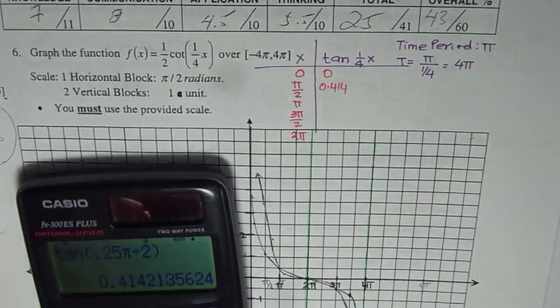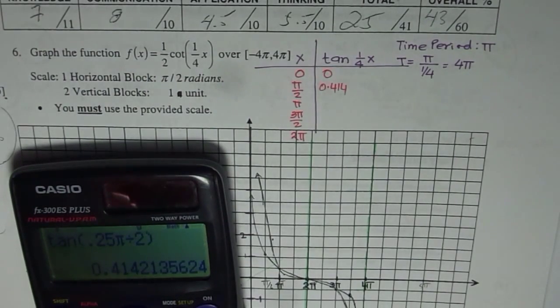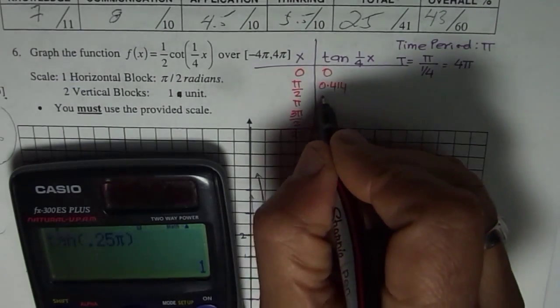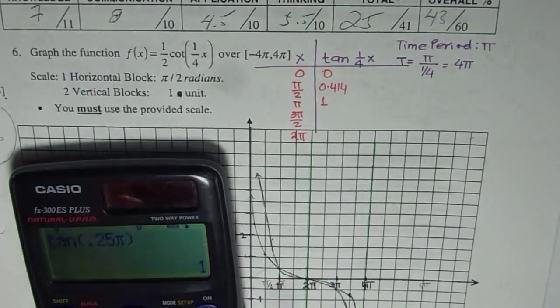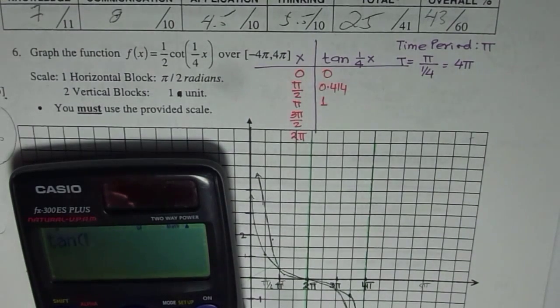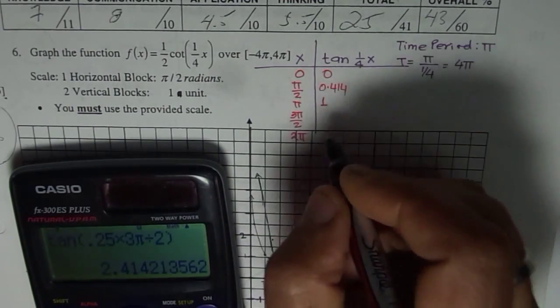Now we will again do the same calculation, which is tan, within brackets 0.25 times pi, bracket close, equals 1. Again tan, within brackets 0.25 times 3 pi by 2. So we'll do times 3 within bracket pi divided by 2, bracket close, equals 2.414.